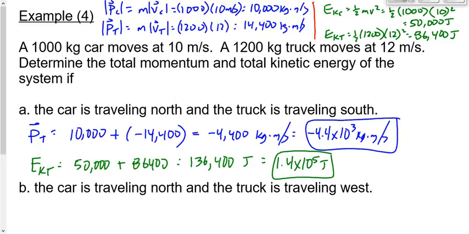How come I didn't add a negative there, or subtract, as Cody said? Because kinetic energy is a scalar and momentum is a vector. You have to pay attention to direction for momentum. You can't pay attention to direction for kinetic energy.